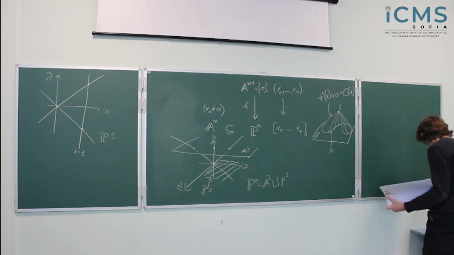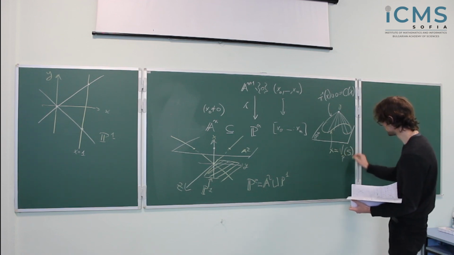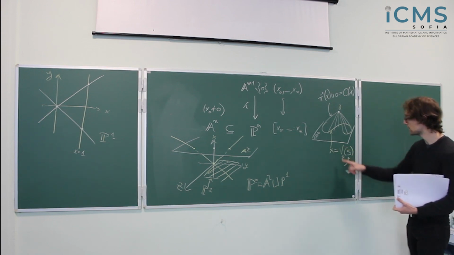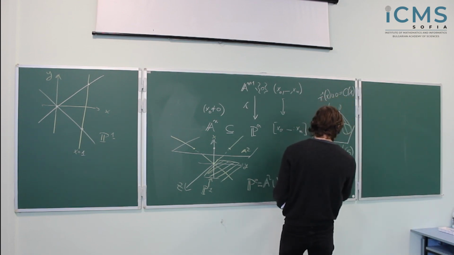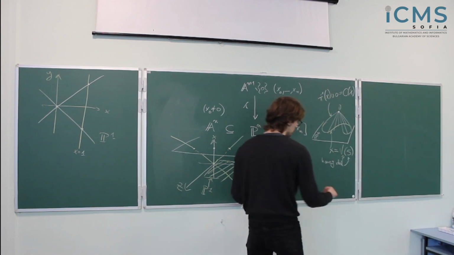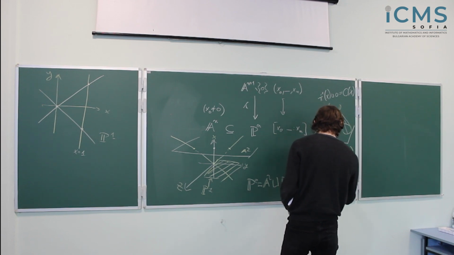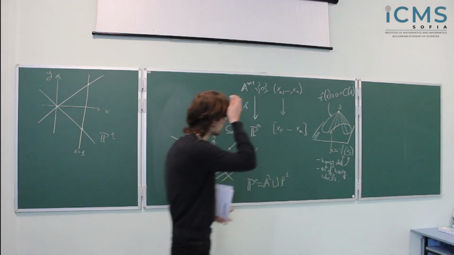So everything inside of here, X will be something like this, where S can be the zero locus of a set of polynomials. This can be either a homogeneous ideal or a set of homogeneous polynomials. Like that. Okay.